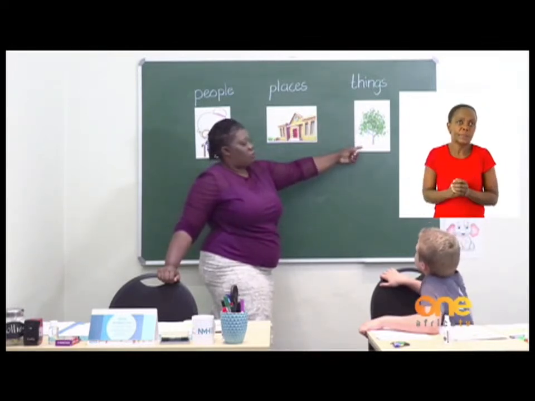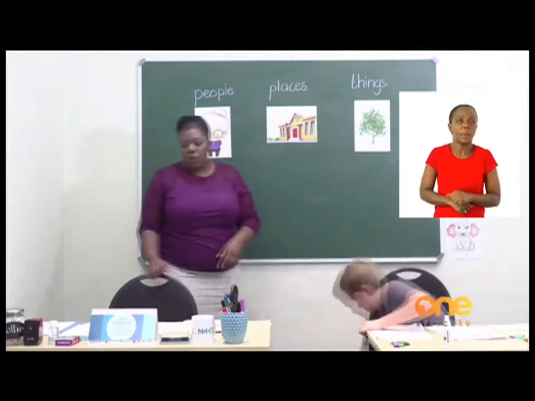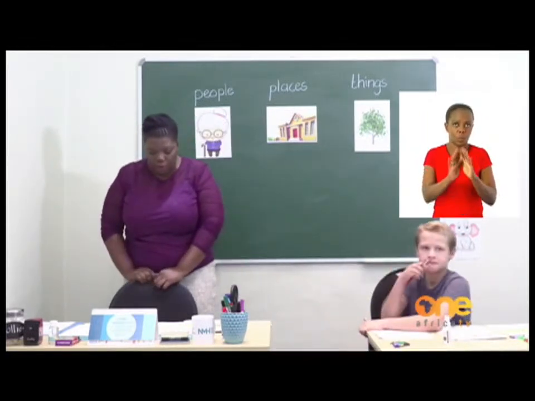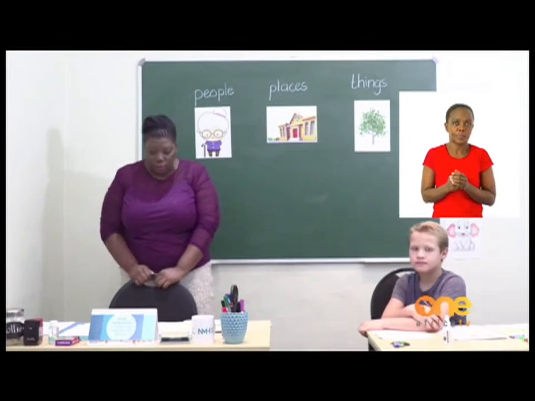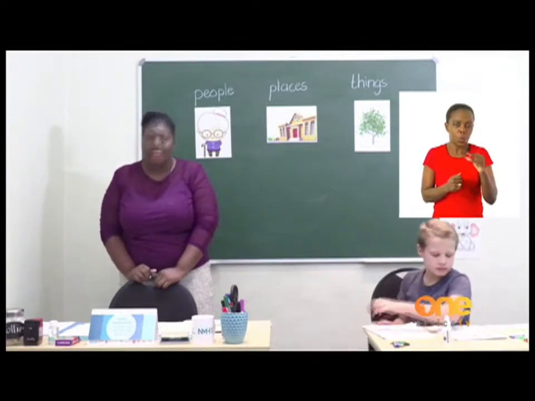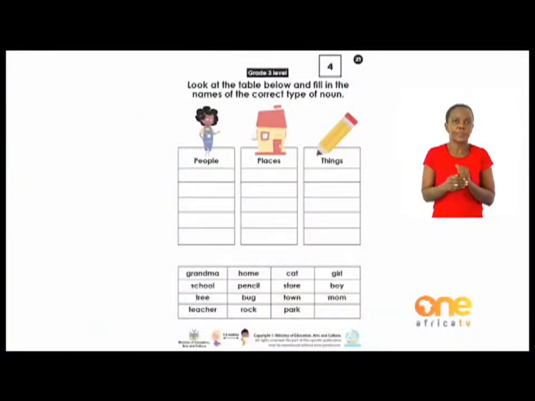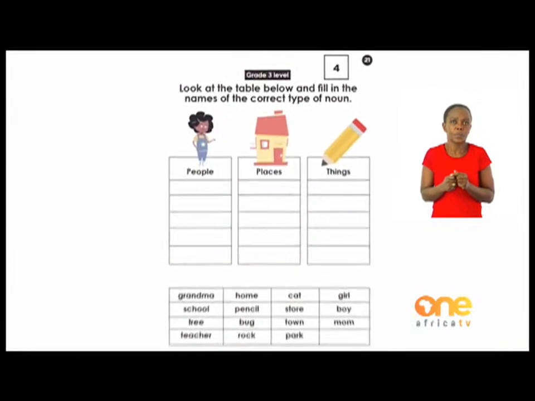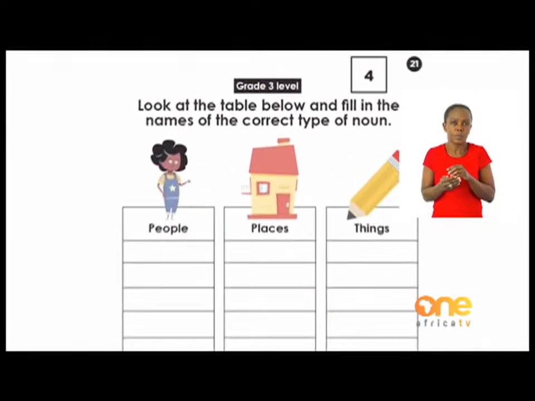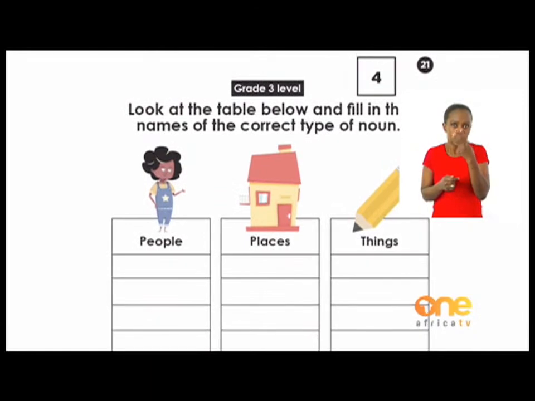In your book, you're going to find words that are written underneath that you need to fill in. Use the words in the box to fill in the spaces that you've been given to write. Write them all. This lesson is for grade 3s, but grade 2s can also do this lesson.